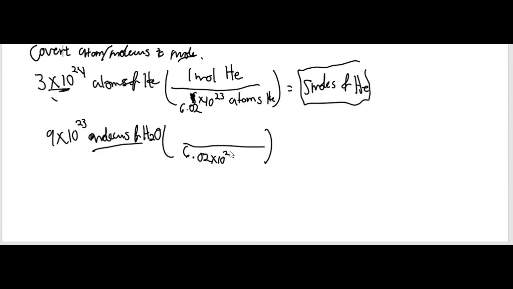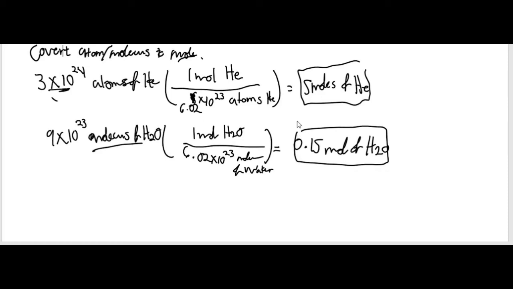So 6.022 times 10 to the 23rd molecules of water per 1 mole of H2O, and if we divide this and this, we'll get 0.15 mole of H2O.